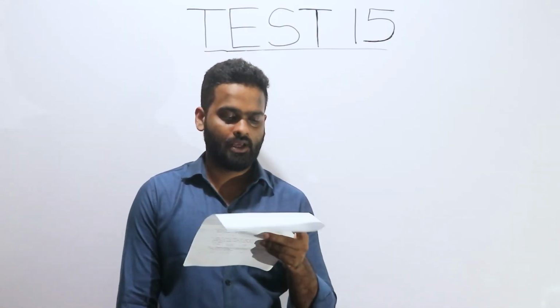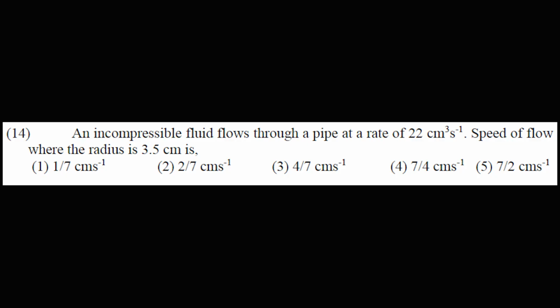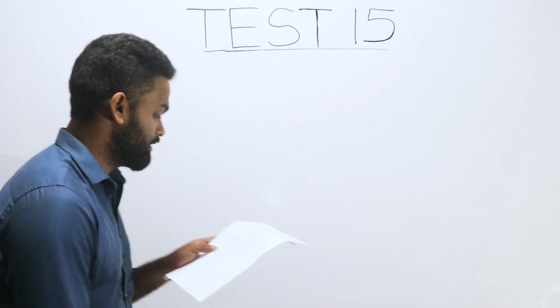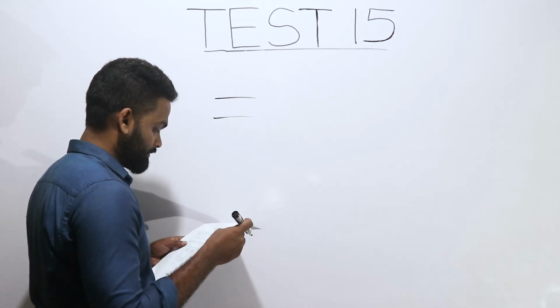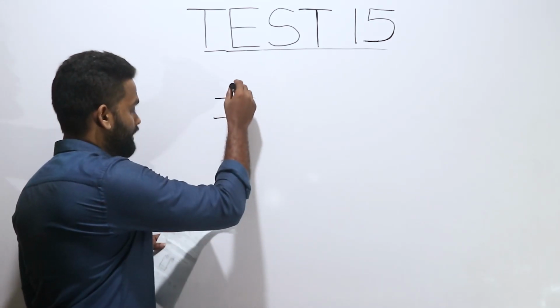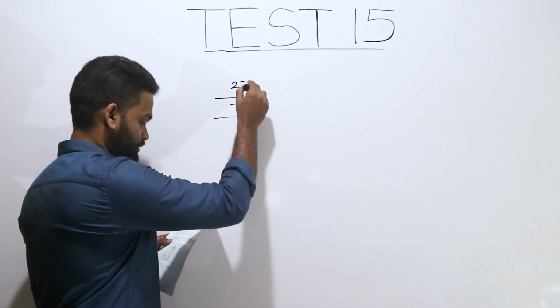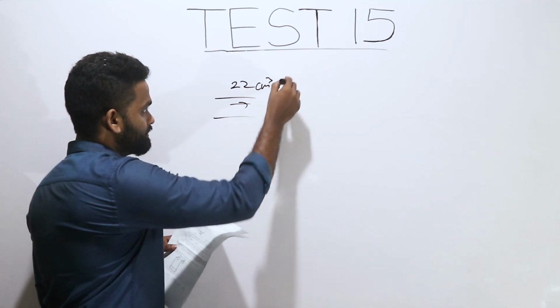14th. An incompressible fluid flows through a pipe at a rate of 22 cubic centimeters per second. What is the speed of flow where the radius is 3.5 centimeter? So there's a fluid and the flow rate is given as 22 cubic centimeters per second.